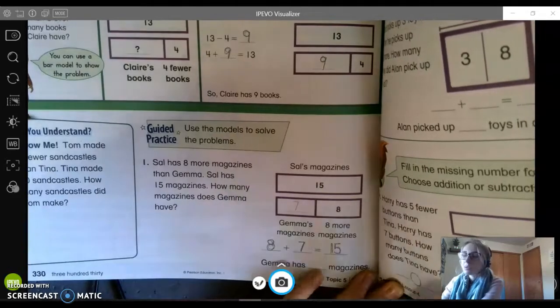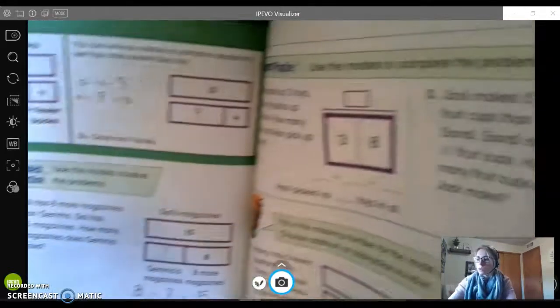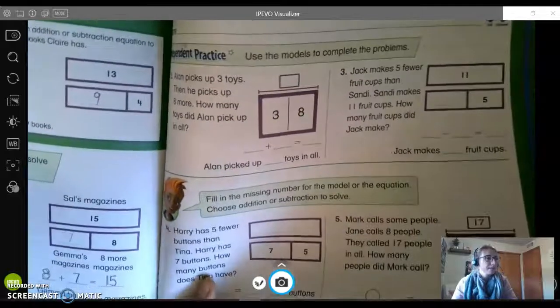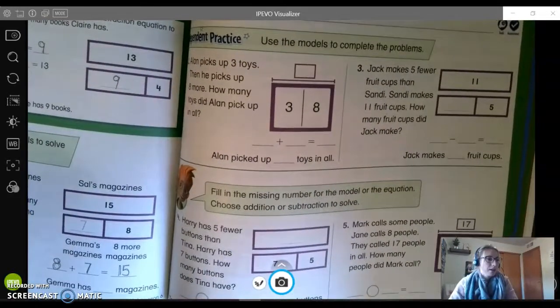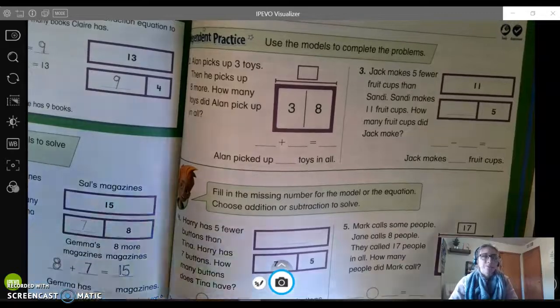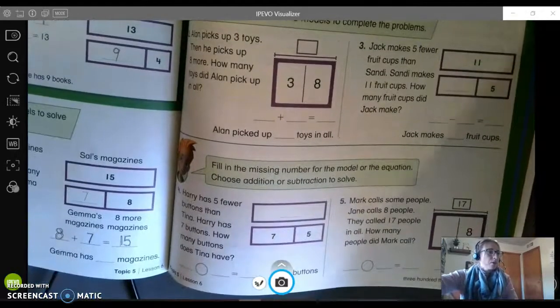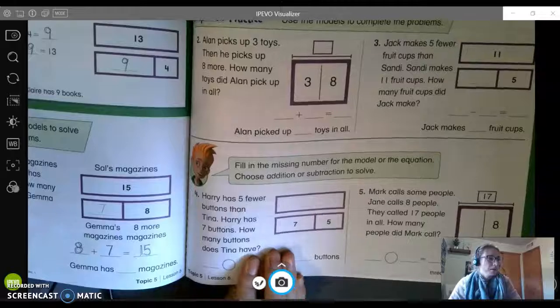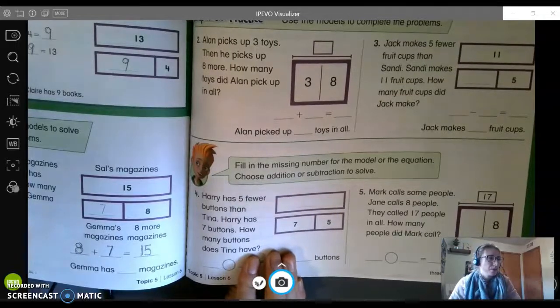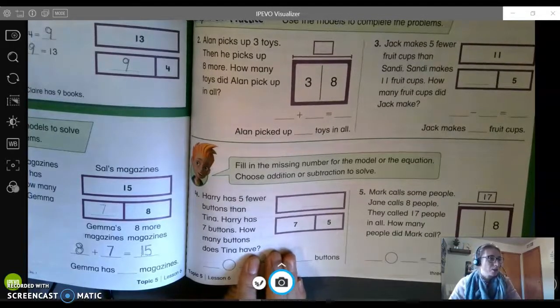Okay, so this is really just more part whole work today and filling out the equations properly. So I will work through this first page with you. Unless you would like to answer these questions on your own, then you can stop watching now.